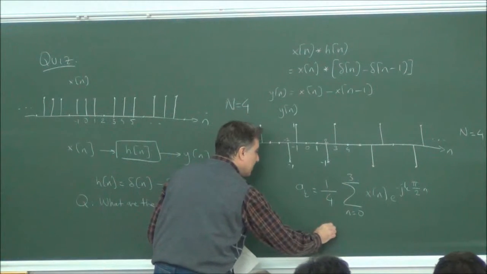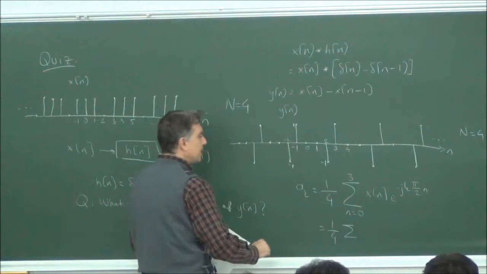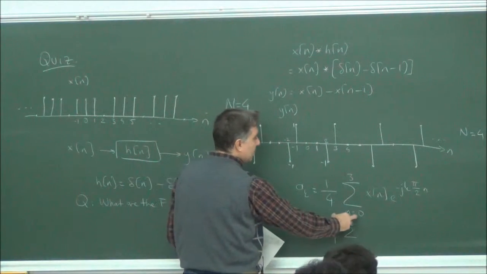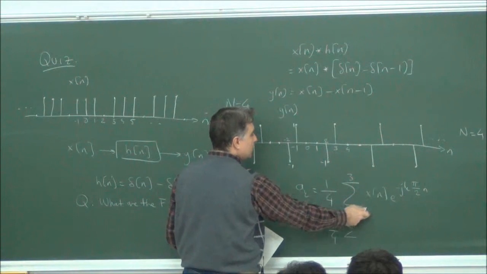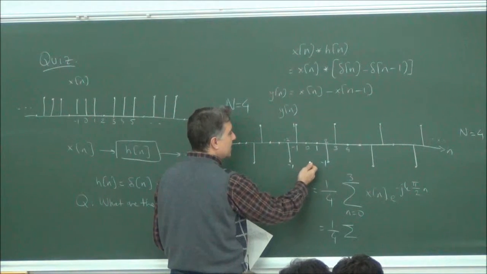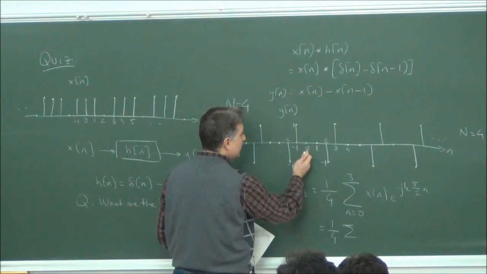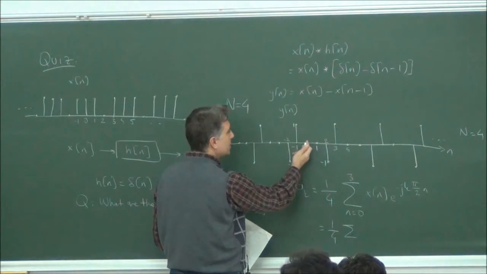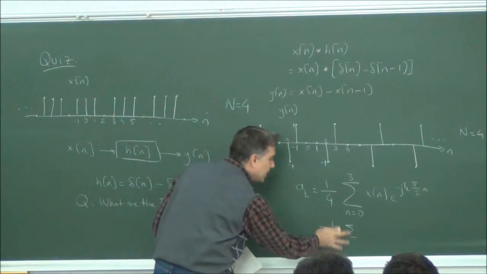And by the way, that is necessarily equal to 1 over 4, the summation. The summation from 0 to 3 has 0 sample values for x of n, so the summation running index is unnecessary at n equal to 0 and at n equal to 1, because the values are already zeros. Let me forget about the summation.